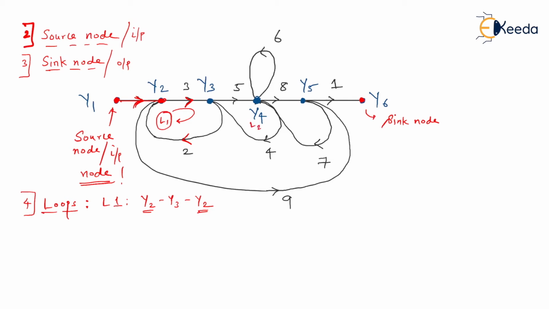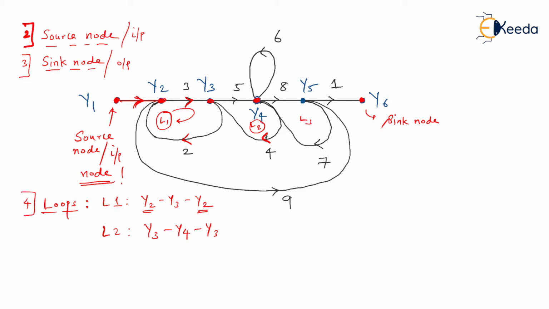I can consider this loop as L2. You have to write the nodes associated with that loop, so as to understand which loop I'm talking about. For loop number 2, I'm traveling from y3 to y4 and then from y4 back to y3.